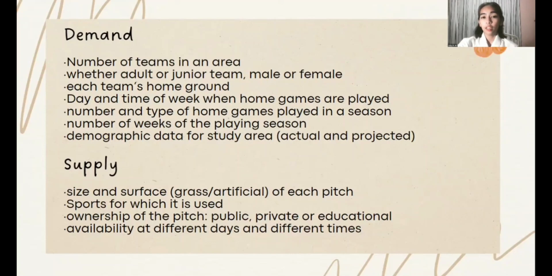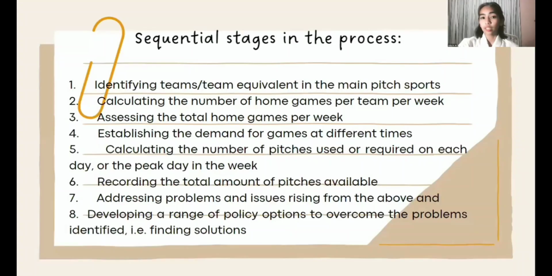Given the basic information, there are sequential stages in the process: identifying teams or team equivalents in the main pitch sports, calculating the number of home games per team per week, assessing the total home games per week, establishing the demand for games at different times, calculating the number of pitches required on each day or the peak day in the week, recording the total amount of pitches available, addressing problems and issues arising from the above, and developing a range of policy options to overcome the problems identified.